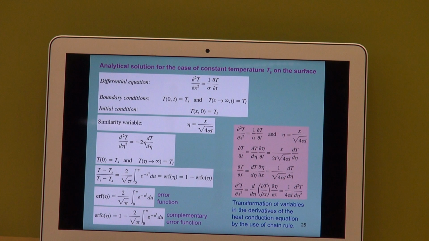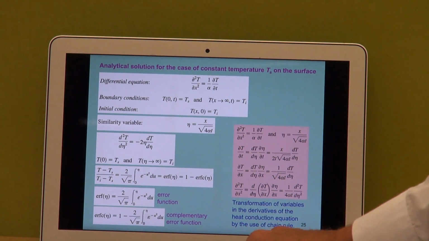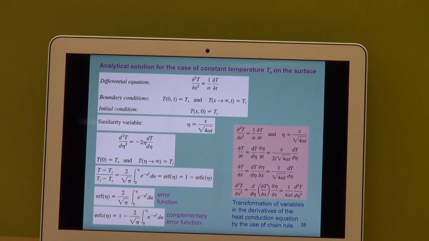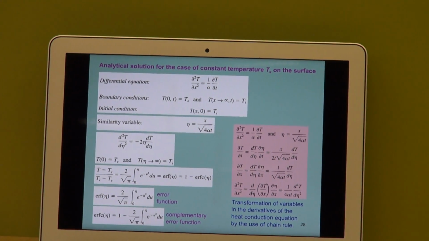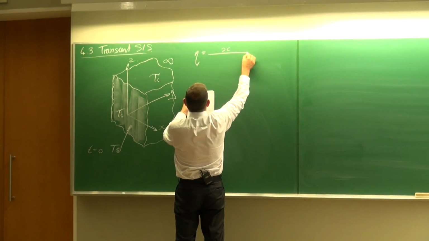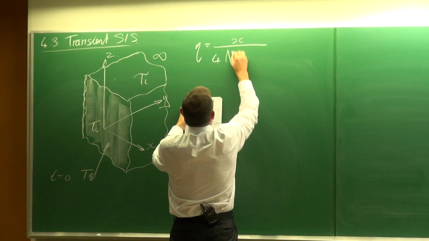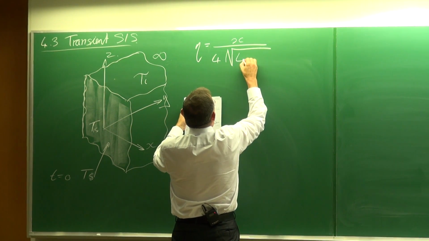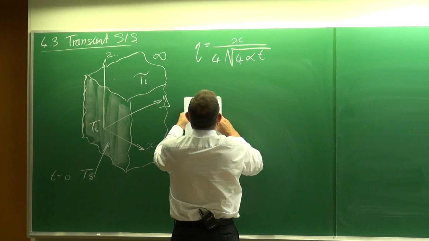But what is different now in this approach is the definition of an eta. So eta is a similarity variable, and that is equal to x divided by the square root of 4 times alpha t.